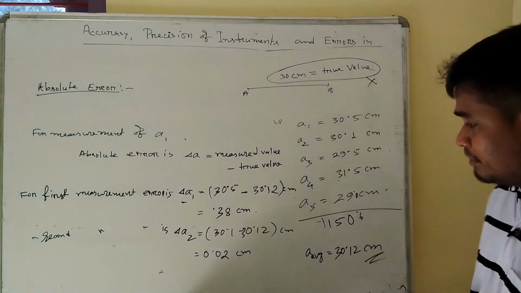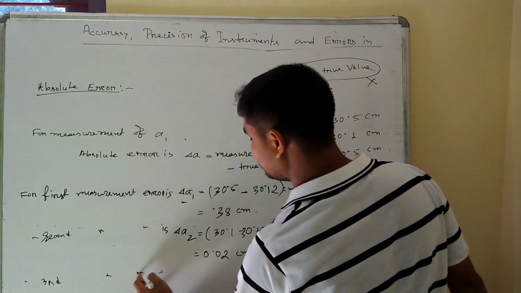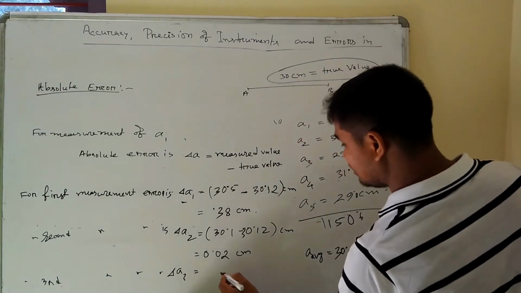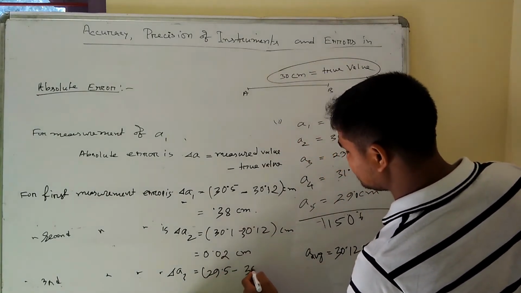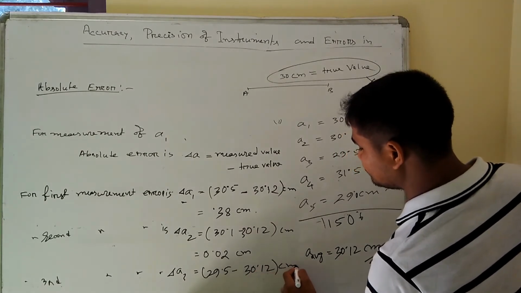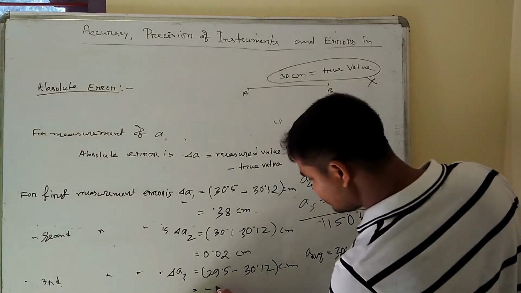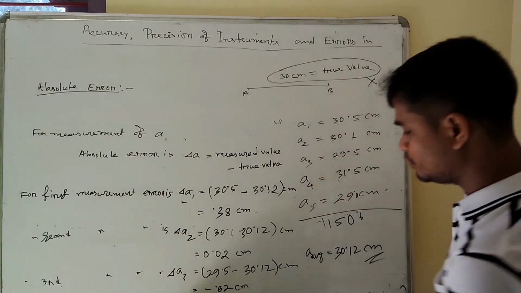Okay. Similarly, for the third measurement, the error is delta A3, which is equal to how much? 29.5 minus 30.12 centimeter. So its value is minus 0.62 centimeter.